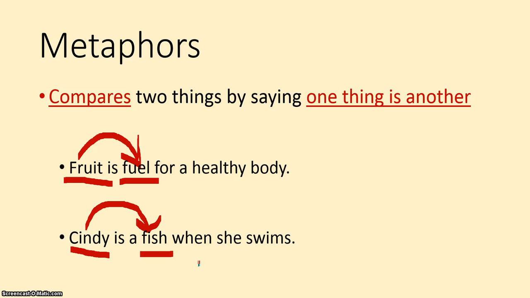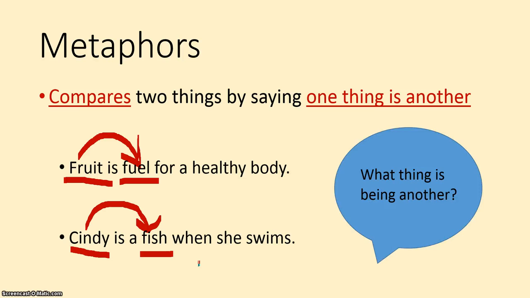We are saying that one thing is another by saying Cindy is a fish. Both sentences have metaphors. Remember, when looking for a metaphor, ask what thing is being another.